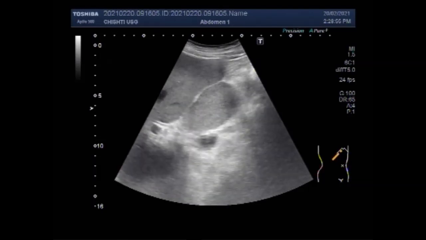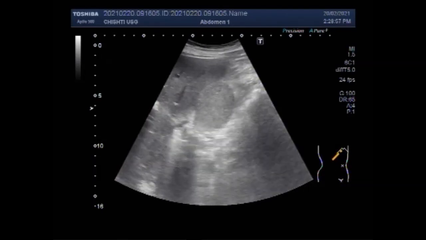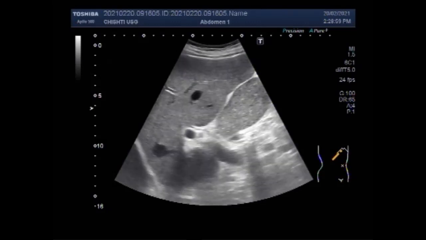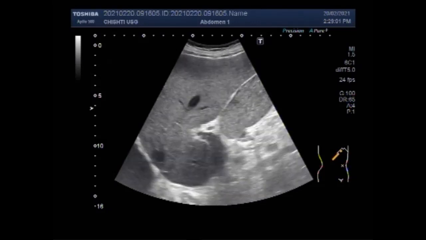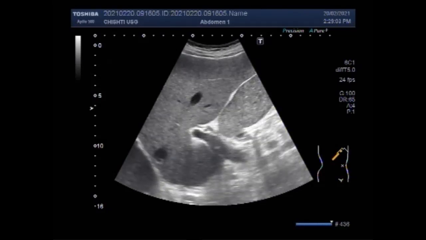It is used to identify signs of inflammation involving the gallbladder and is very good at showing gallstones. It shows signs of inflammation or indication that there is blockage of bile flow.